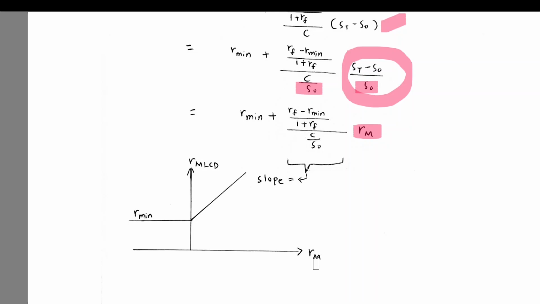So as I said before, when the market rate of return is negative, the investor will get only the R min. And for the case when the market rate of return is positive, the investor will still get the R min plus the profit from the index call according to the slope here.